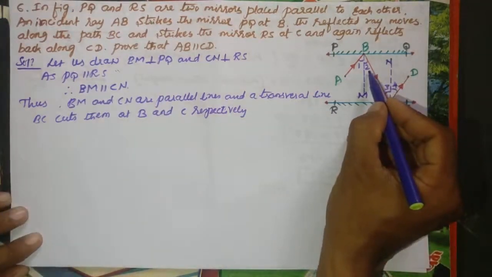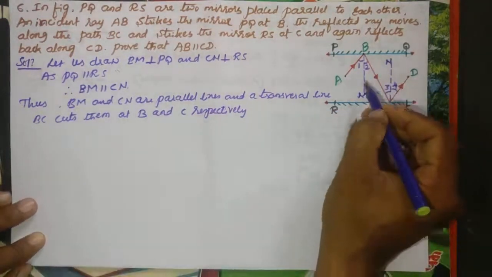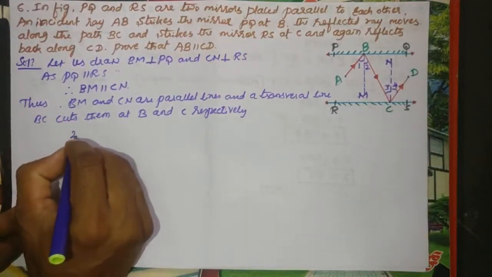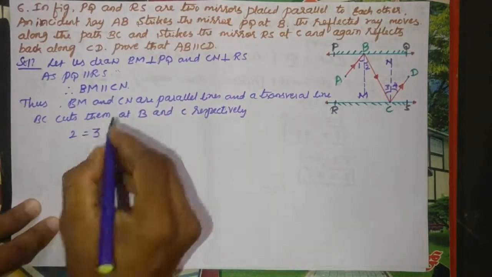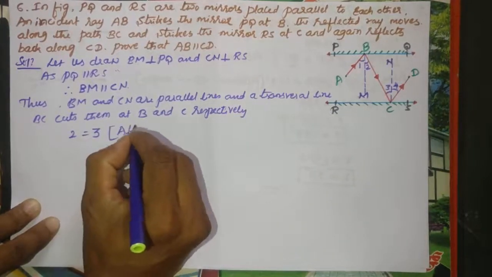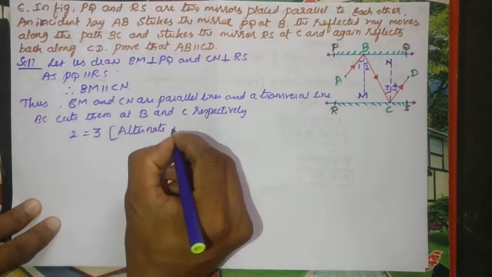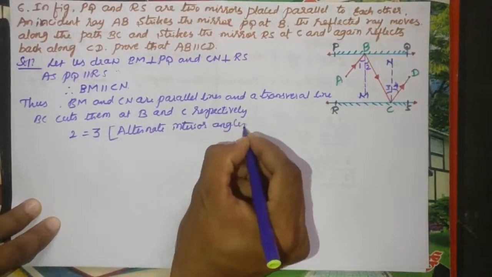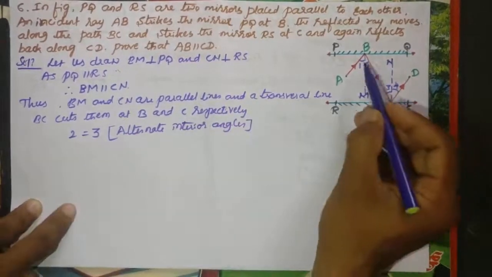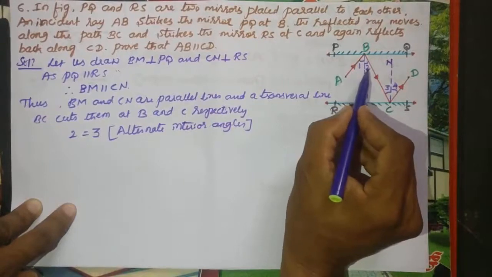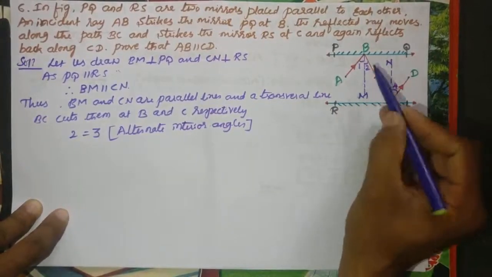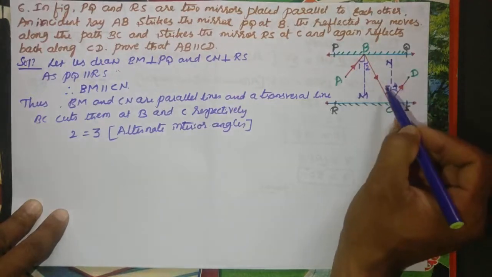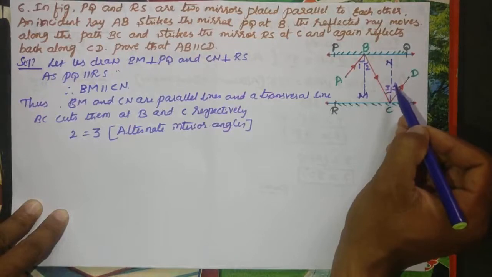Angle 2 is equal to angle 3, alternate interior angles. However, 1 is equal to 2 because BM is perpendicular to PQ and it bisects the angle. Here also CN bisects the angle, that is 3 and 4.